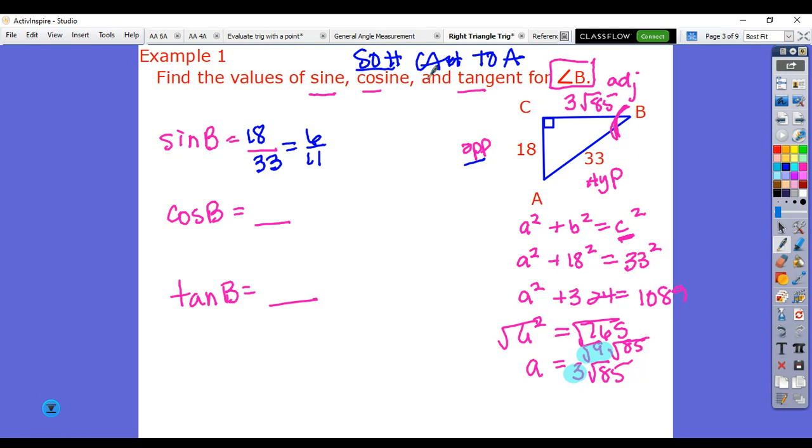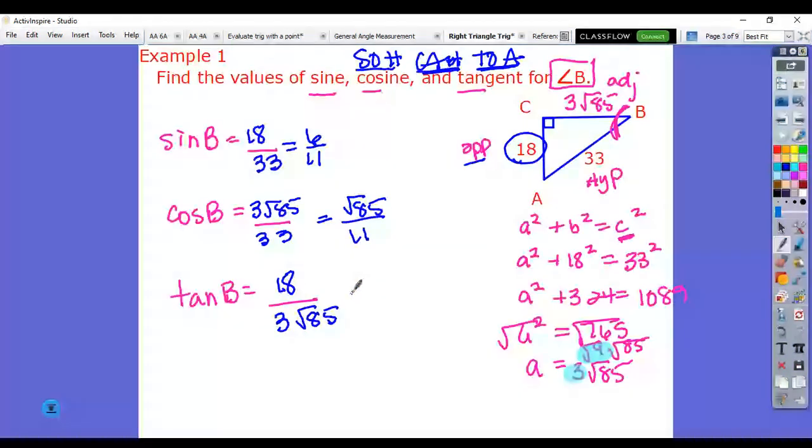For cosine, CAH, the adjacent is 3 square roots of 85 over the hypotenuse, 33. Both can be divided by 3, square root of 85 over 11. Finally, tangent, TOA, the opposite side, 18, over the adjacent side, 3 square roots of 85. Once again, they can both be divided by 3.